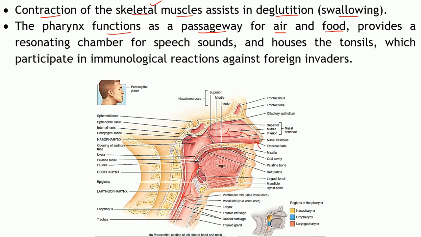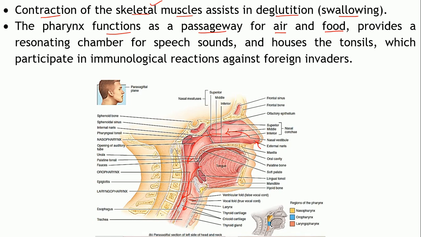From here it will move towards the pharynx, and from here it will enter into the next part, that is the larynx. Whereas the food enters into the esophagus. So the necessary arrangements are made.